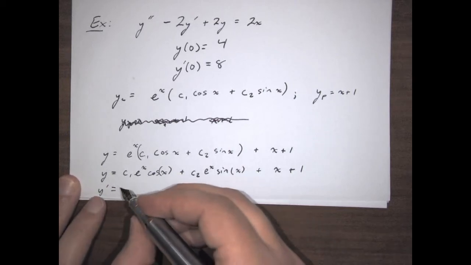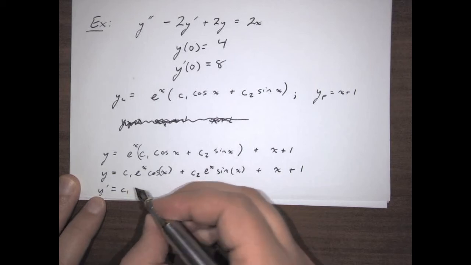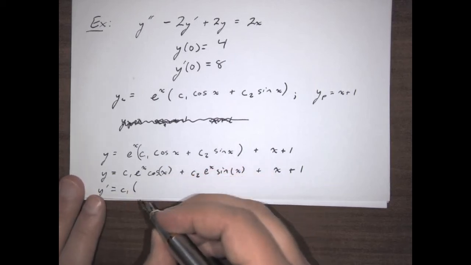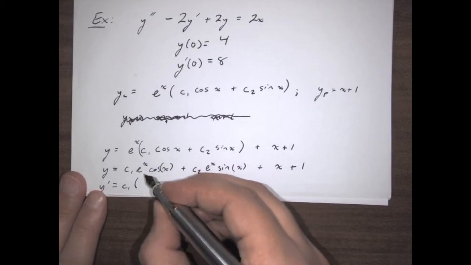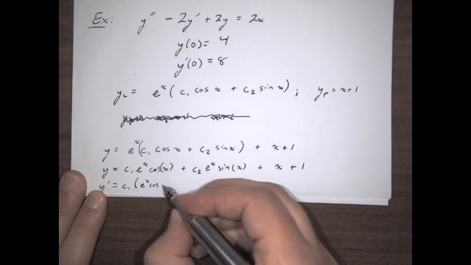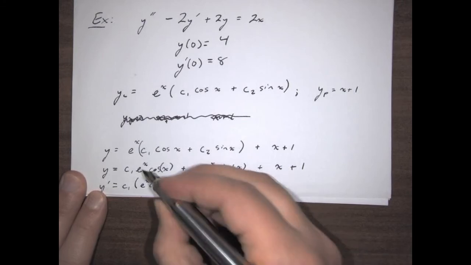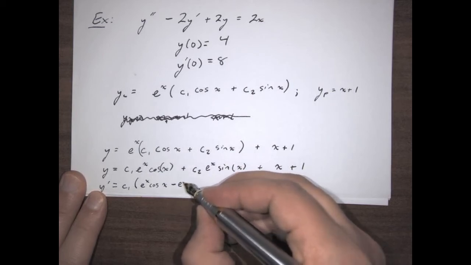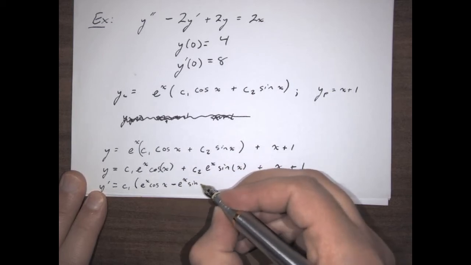So we're going to need the derivative. It's going to be c1 times, and here, if I take the derivative of this, it'll be the product rule, so that's going to be e to the x cosine x. And then we're leaving the first alone, taking the derivative of the second, so it's going to be minus e to the x sine x.